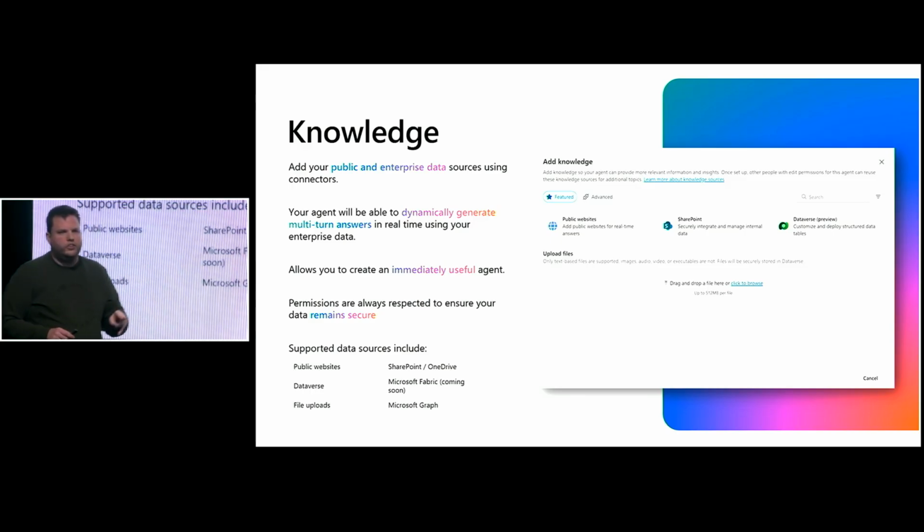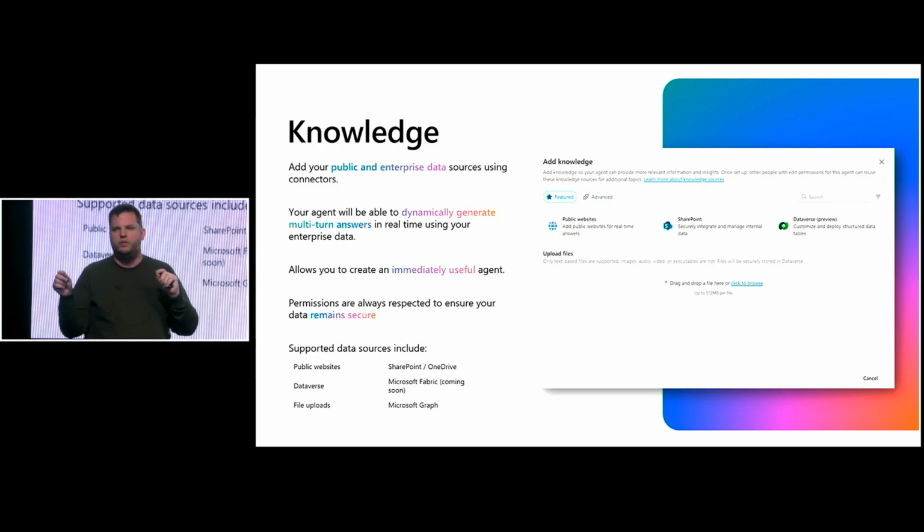It's really cool also that when you use those internal websites, like SharePoint for instance, it can still use the permissions of the user. So imagine with SharePoint you can have permissions on documents. You have a bunch of documents there, and there might be a bunch of documents that are only for people who are in the Netherlands, and there are a bunch of documents that are only for people in France.